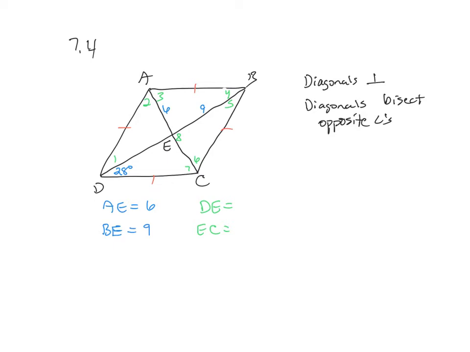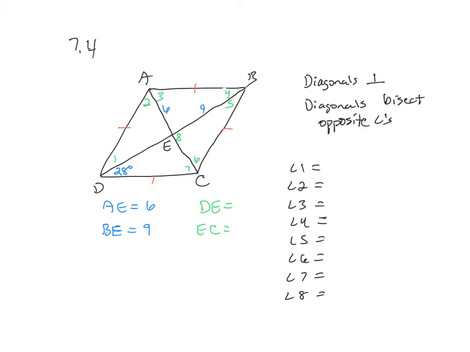So it may seem like, oh my gosh, this is a lot, but let's go through it. So angle 1, angle 2, 4, 5, 6, 7, 8. And you can go in any order that you want.